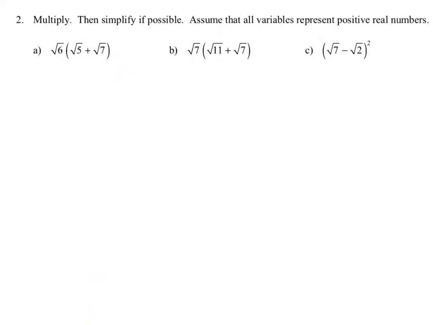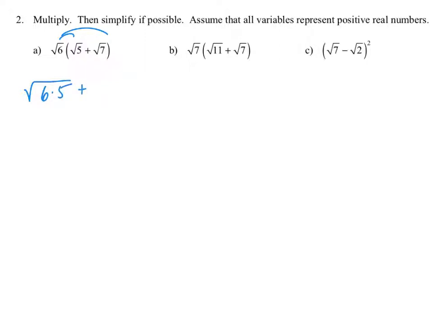For these examples, we are going to multiply, then simplify if possible. Assume that all variables represent positive real numbers. We'll use the distributive property to distribute the square root of 6 times the quantity square root of 5 plus the square root of 7. When we use the distributive property here, we get the square root of 6 times the square root of 5 is the same thing as the square root of 6 times 5.